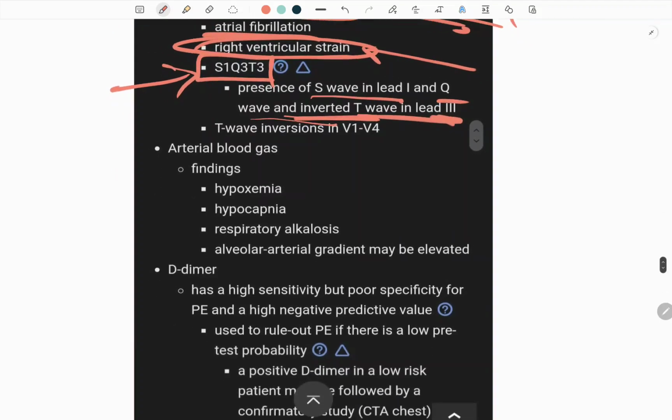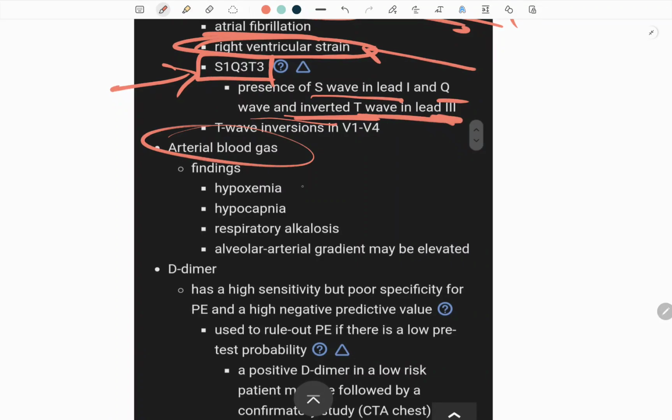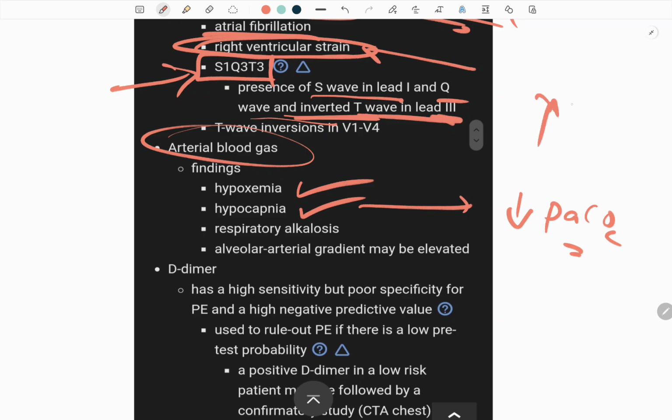the ECG is normal. If you obtain an ABG, arterial blood gas, it would show hypoxemia and hypocapnia. Hypocapnia is a low partial pressure of carbon dioxide in the arterial blood. This could be because of the increased respiratory rate. If there is a high respiratory rate, the carbon dioxide from the blood is going to move out from the lung.